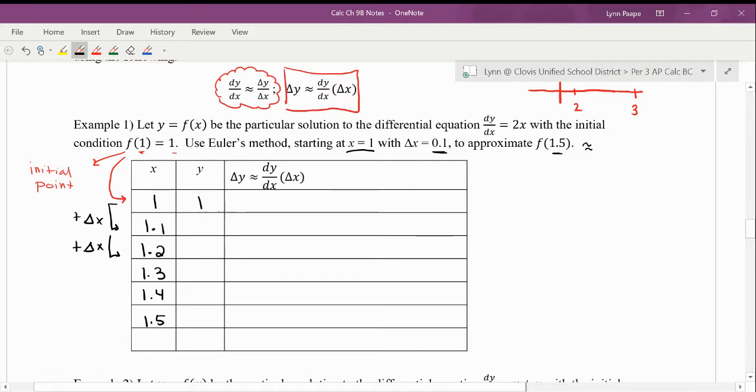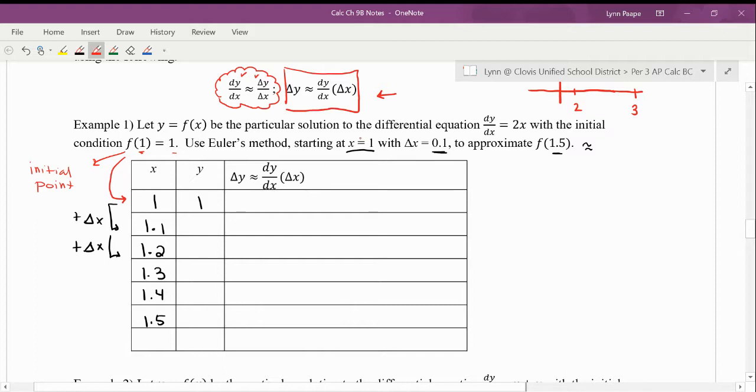So now what we need to figure out is, okay, now what do I add to the y value? So what is going to be that delta y? That is where Euler's method comes into play, knowing what we add to y. So again, this is our formula that we're using for Euler's method. And that's based on the fact that our tangent line slope is about equal to our secant line slope as long as delta x remains small, right?